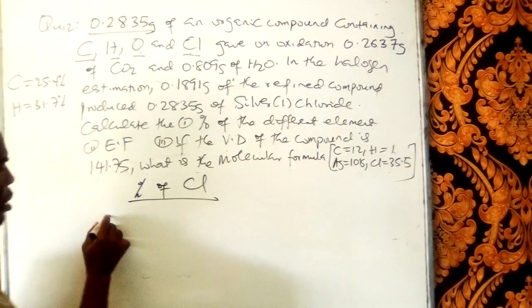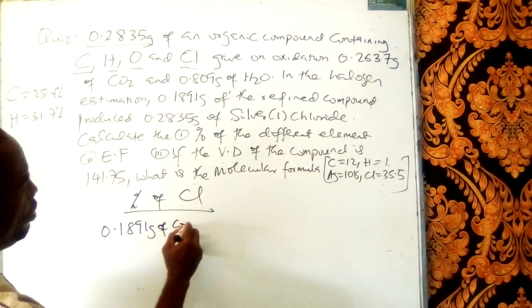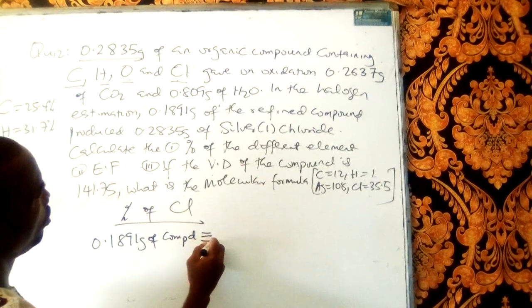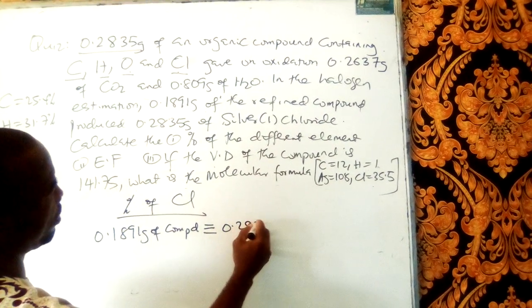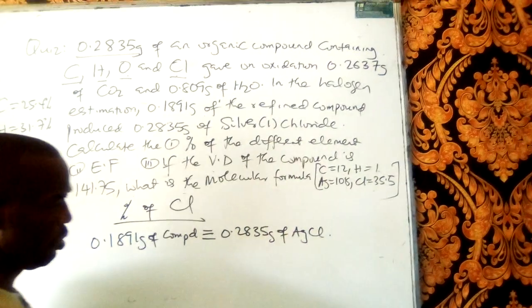So now say 0.1891 gram of compound produces 0.2835 gram of silver chloride, AgCl.